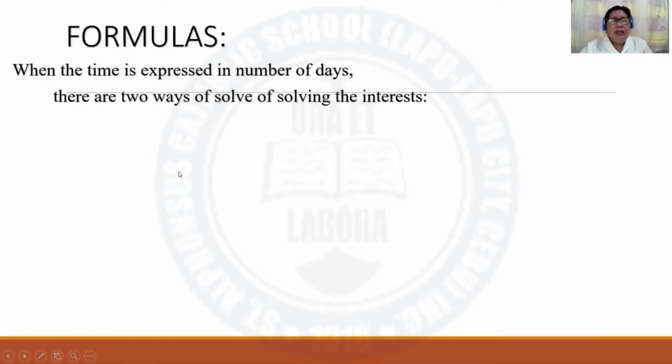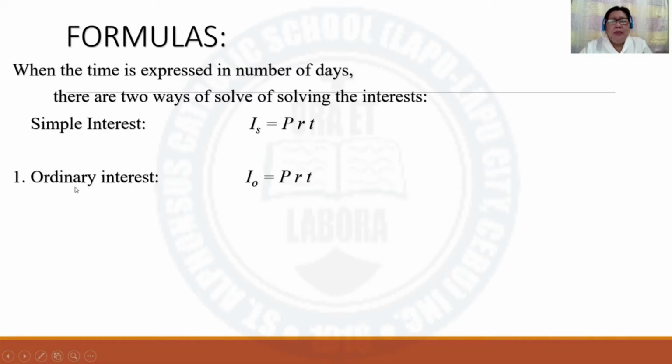For the formulas, when the time is expressed in number of days, there are two ways of solving the interest. Based from the standard formula of the interest, we have I sub S is equal to PRT. Then ordinary interest, that is I sub O for ordinary, is equal to PRT, and then we convert T into number of days over 360.